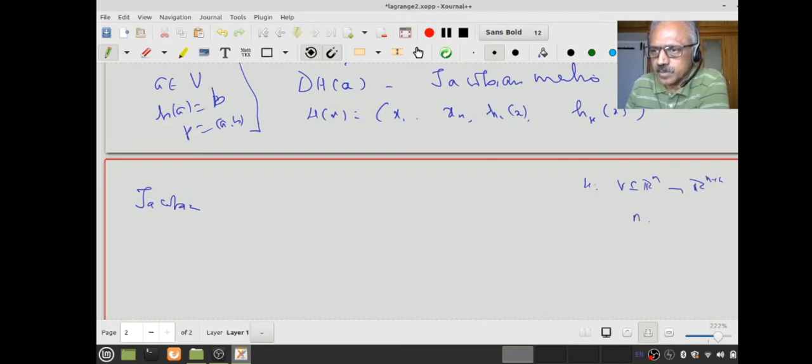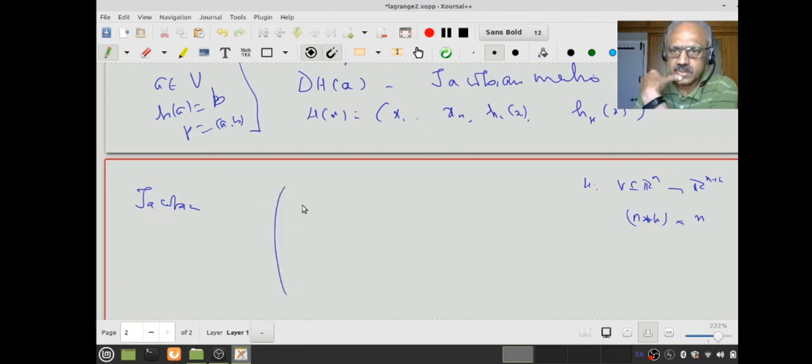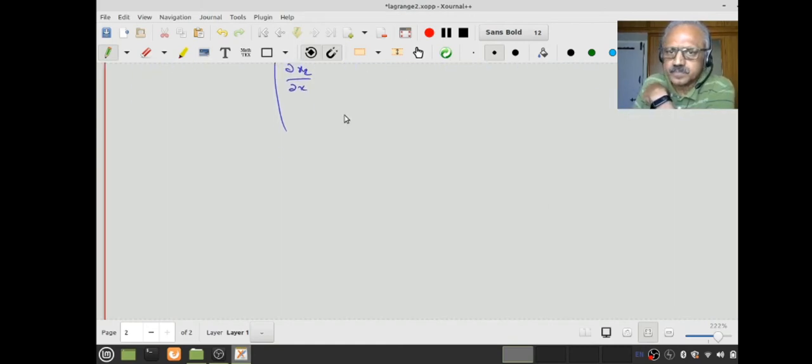Therefore the Jacobian matrix must be (n+k) times n. And how does it look? Say, look at this, the matrix is del x1 by del x1, del x2 by del x1, and etc.